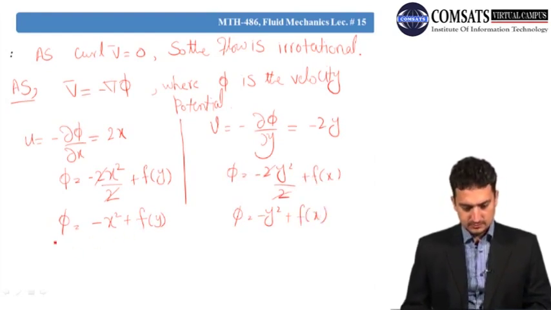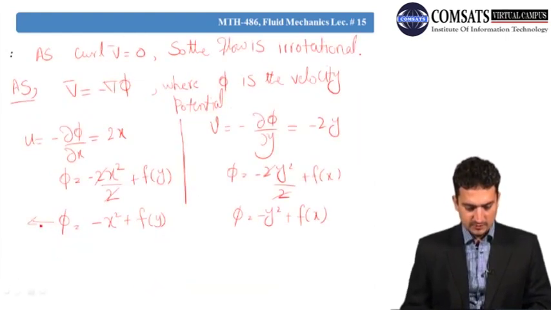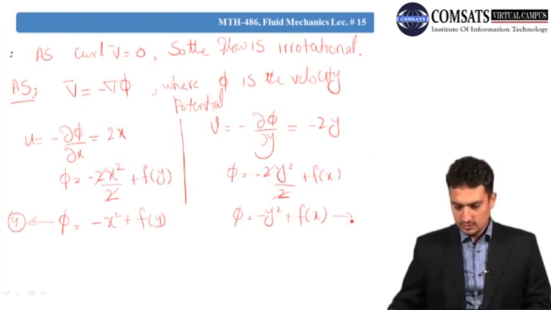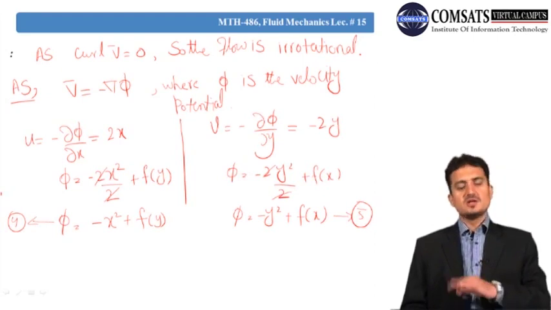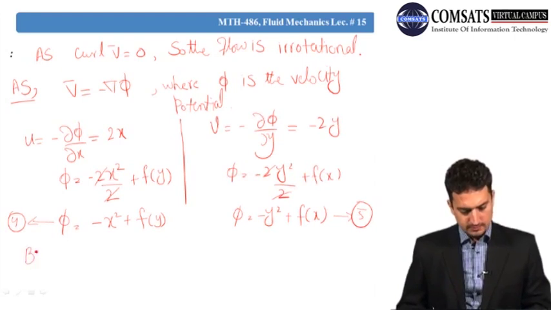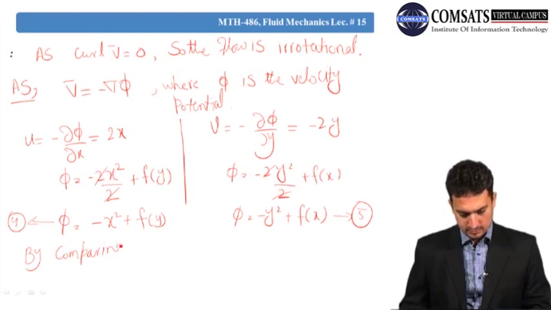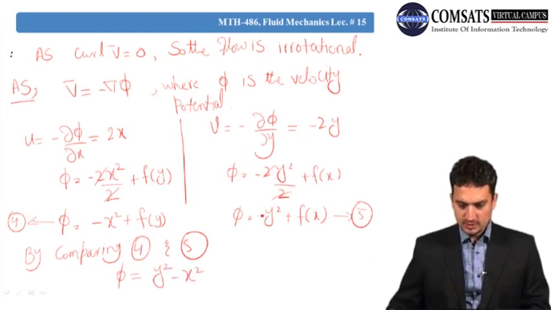And equation 3, we have named equation 4 and 5. Since equations 4 and 5 represent the same velocity potential for the same components of velocity, by comparing 4 and 5, you can say that phi is equal to y square minus x square.